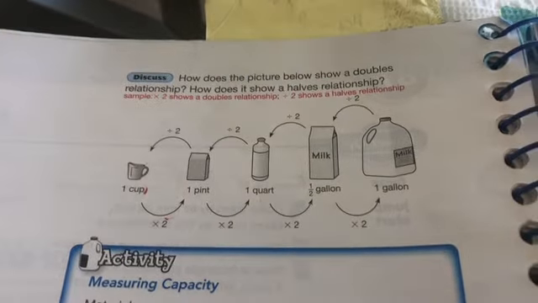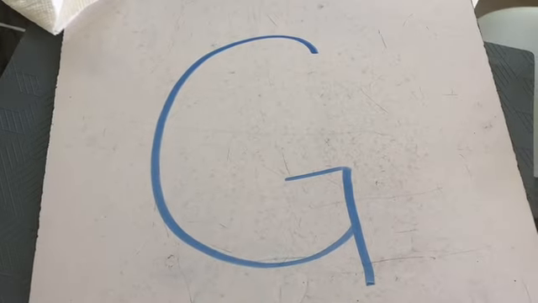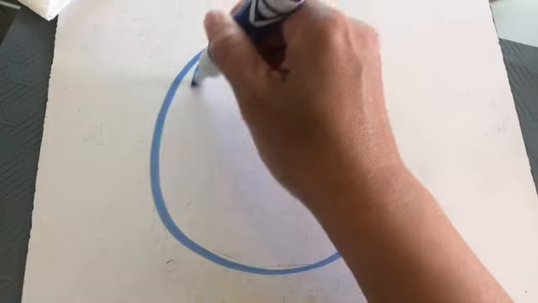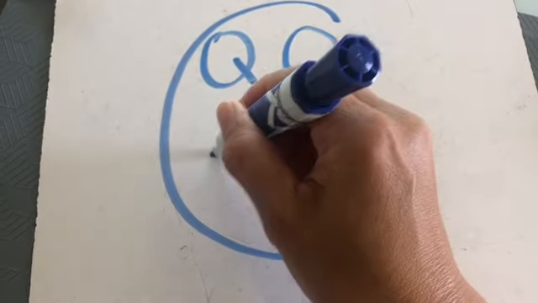So let me show you how to do that. Okay, all right, so what I would do first is I would make a giant G, okay, and that stands for gallon, all right? And within your gallon, I would draw 4 Q's.